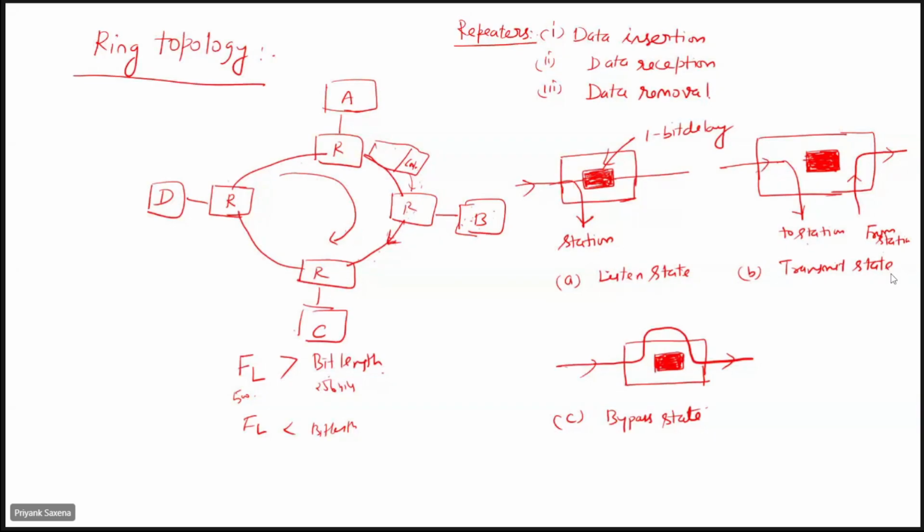In such scenarios, when you are talking about a very high speed LAN, it is not that there will always be a single frame traversing the ring. Multiple frames may be on the ring at the same time, right? To improve the efficiency of the ring, multiple frames can traverse the ring. So this depends on the bit length and the frame length, right?